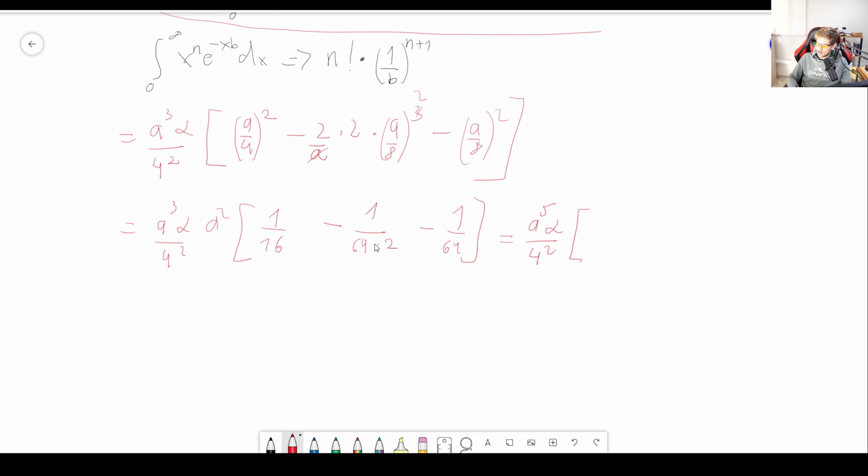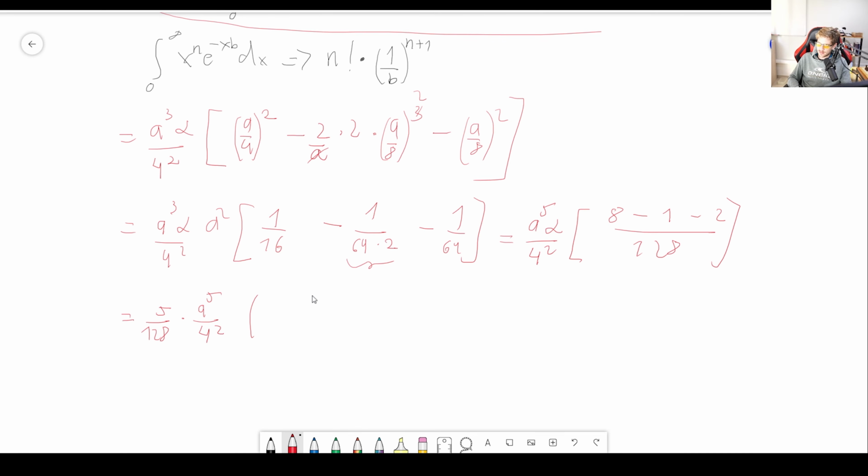We're going to have to get to 128. So that means multiplying this by 8, right? I think so, right? So 16 times 4 and then times 2, which is 8. Yes. So we get 8 minus 1 minus 2 over 128. So all of this is 5 over 128 times a to the 5th alpha over 4 squared.